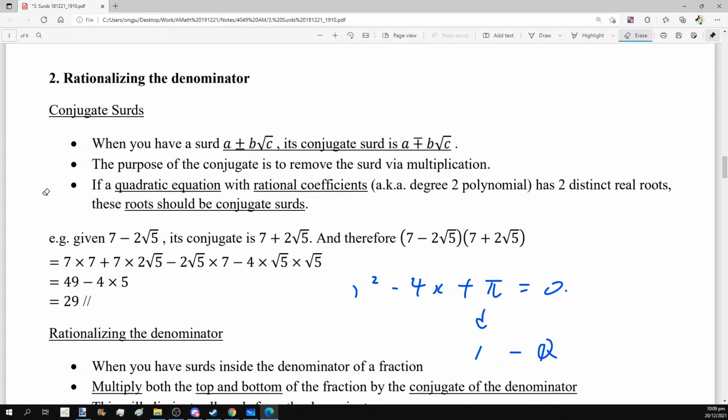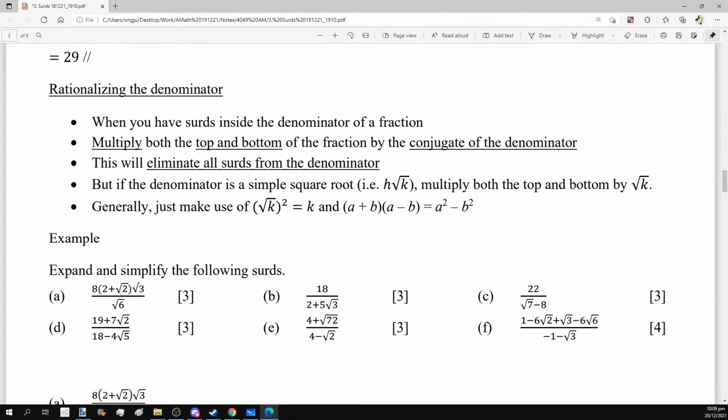Now that we know about conjugate surds, we can move on to the actual technique of rationalizing the denominator. Good news, there's only one step. We will simply multiply the top and the bottom of the fraction by the conjugate of the denominator. An easy example would be something like this.